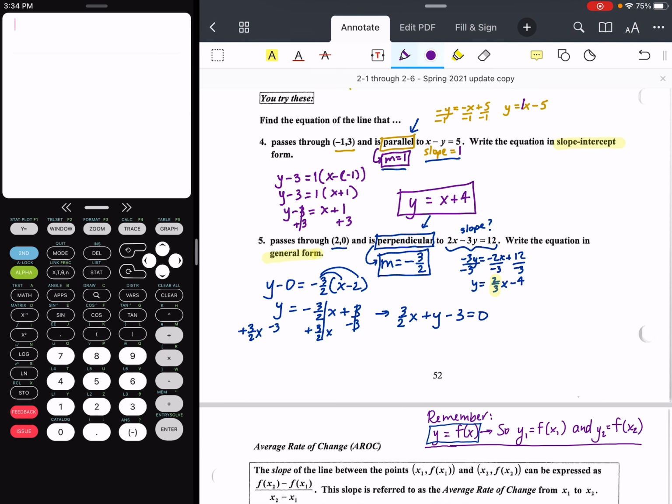And one other little formatting change, you'll see that whenever a final answer is given in general form, it's customary to clear out the fractions just to make it look a little prettier. So we can multiply all the way across by 2. This leaves me with 3x, because I had that denominator of 2, plus 2y minus 6 equals 0. So there's my final answer in general form.